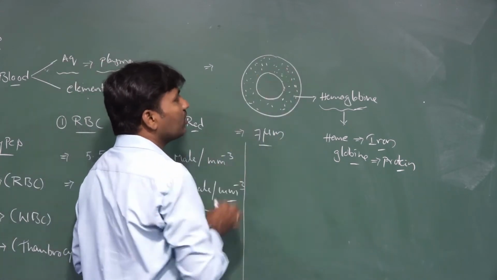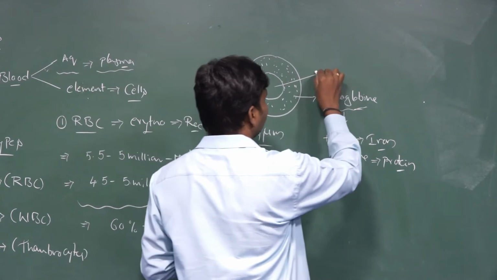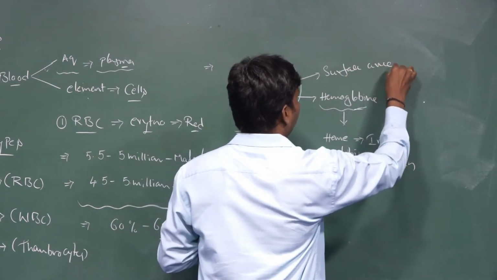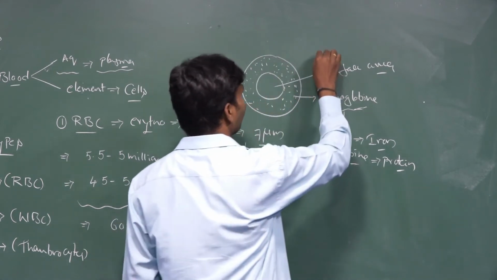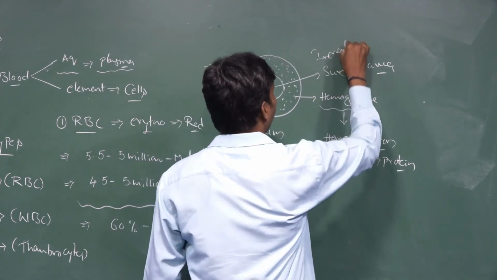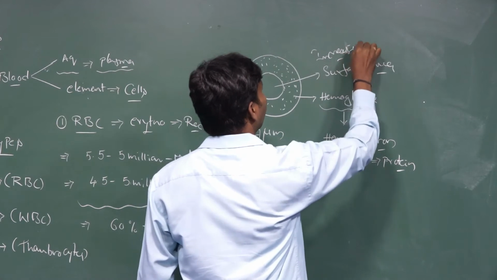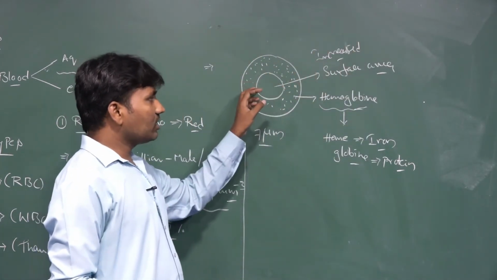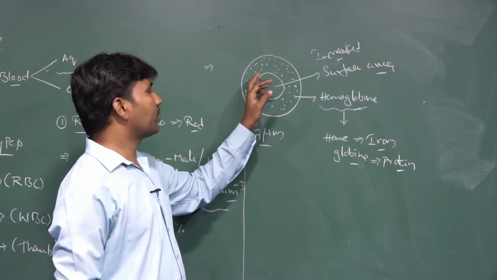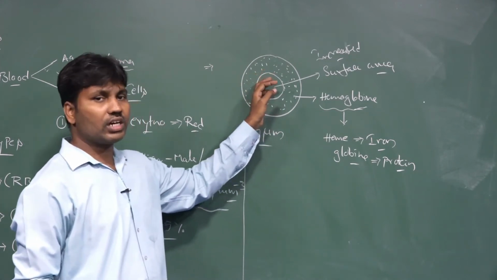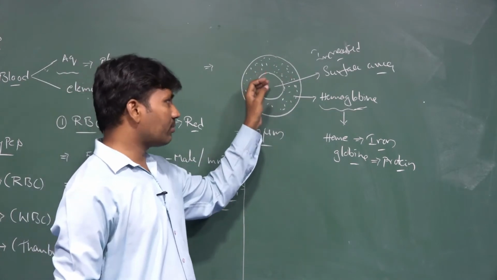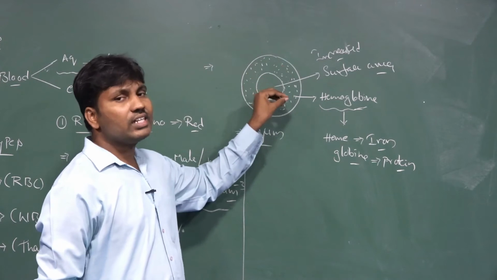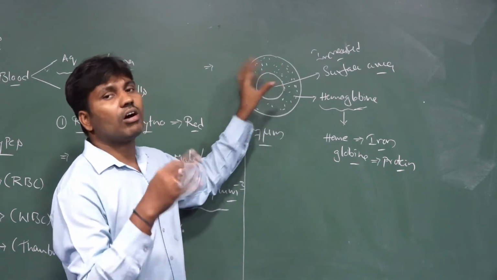And it forms the biconcave structure to increase the surface area. How is the surface area increased? In the early developmental stages, the nucleus, mitochondria, Golgi complex and endoplasmic reticulum are presented. Later on in the RBC, these cell organelles are absent.